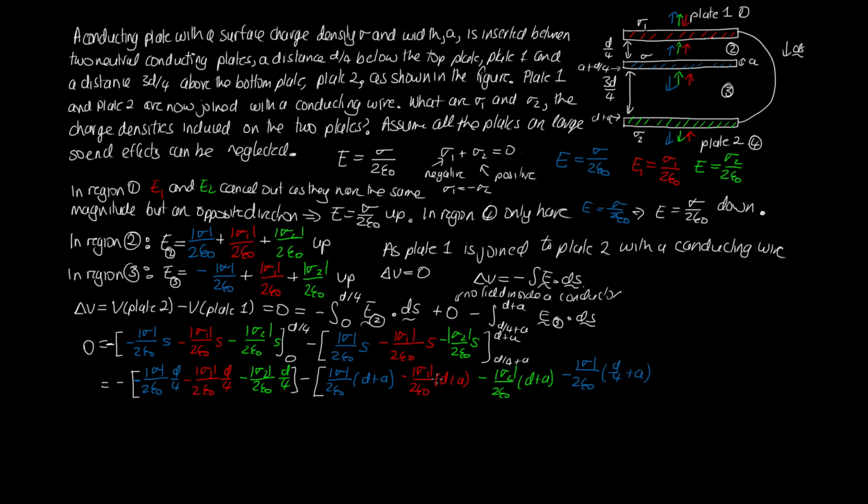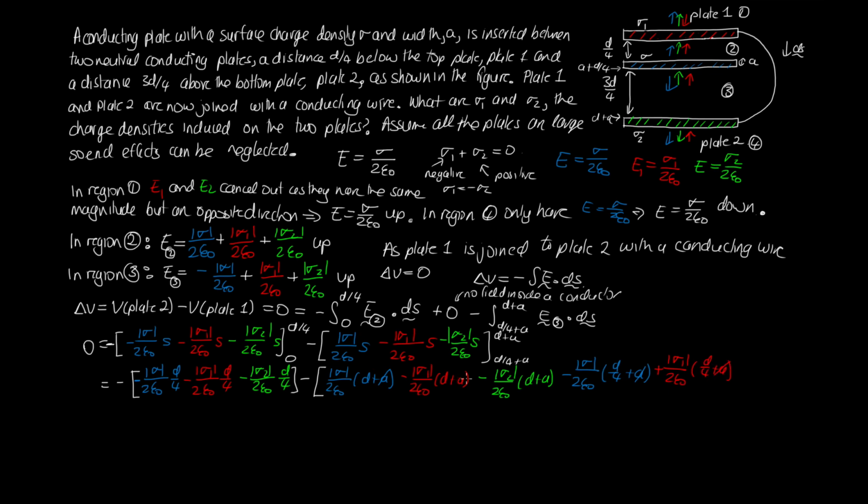So hopefully you can see with this a, we've got a negative sigma over 2 epsilon naught a here, and a positive sigma over 2 epsilon naught times a here. So these a's are going to cancel off. And then the next term will be plus sigma 1 over 2 epsilon naught d on 4 plus a.